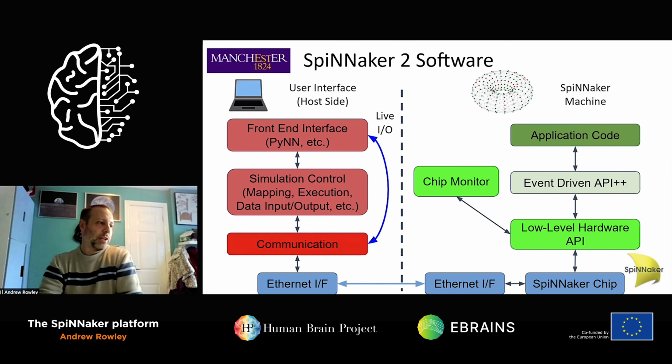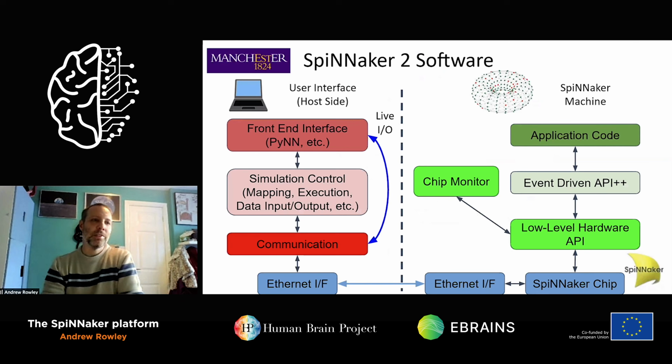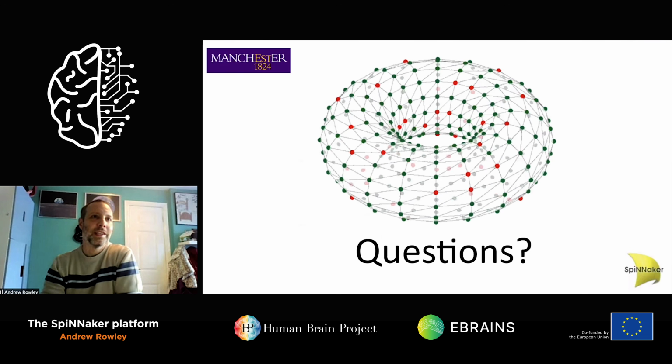And then on the host side, of course, the communication will have to change a bit, because the communication model is different from SpiNNaker 1. And the mapping will need a little bit of change just because we have to take account of those more cores per chip. But hopefully the front end interface won't have to change much at all. So that's the idea. A lot of the software will hopefully be such that you'll have to recompile things, but then it will just run on the SpiNNaker II platform.